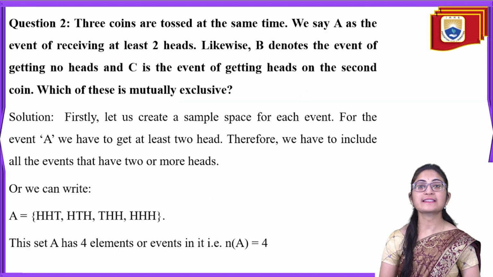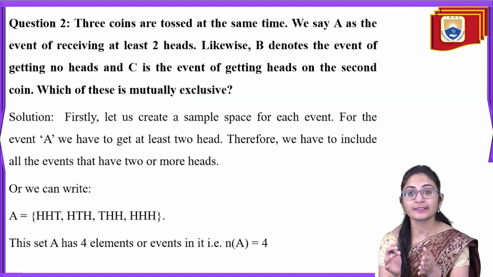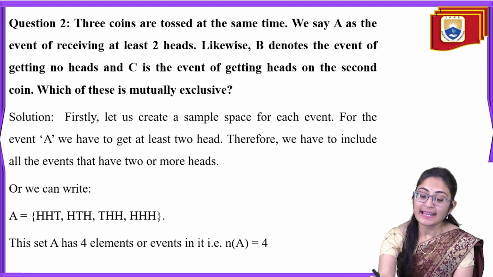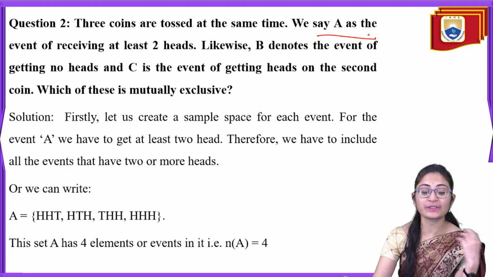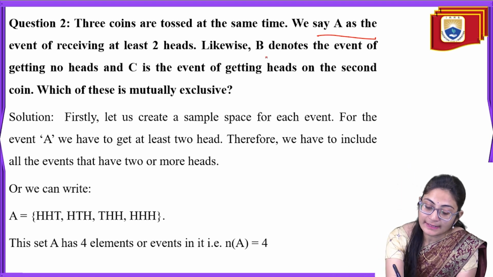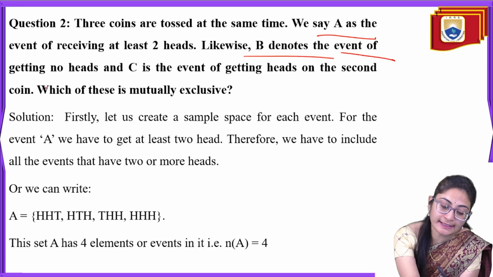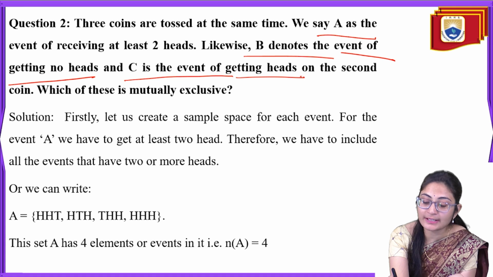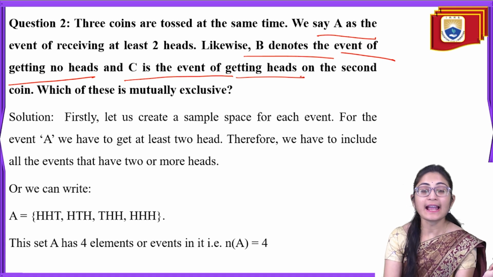Now the second question is that 3 coins are tossed at the same time. We say A is the event of receiving at least 2 heads. Likewise, B denotes the event of getting no heads. C is the event of getting heads on the second coin.